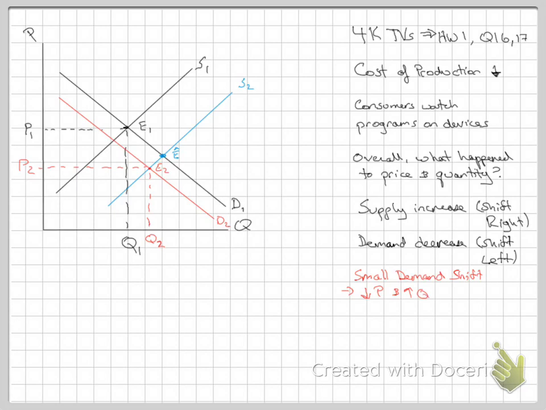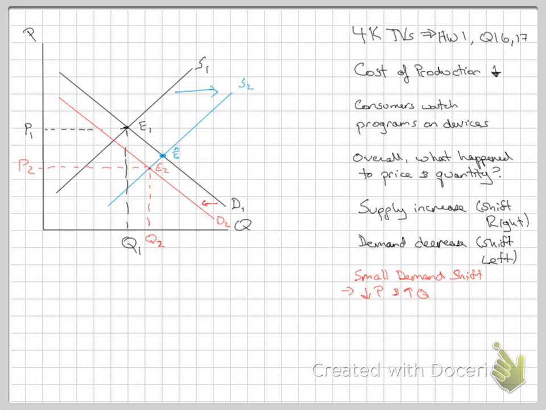Why? Because we've got this small demand shift. It only goes from D1 to D2, but our supply shift, boy, that's pretty big. S1 to S2, that's a big jump. So that push down in prices is going to happen because we have both supply increasing and demand decreasing, but quantity increases because the supply increase from S1 to S2 outweighs the demand decrease from D1 to D2.